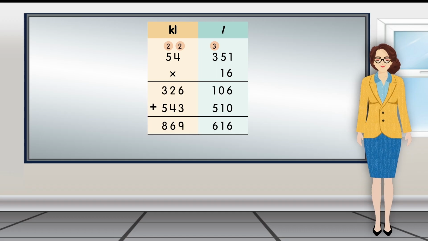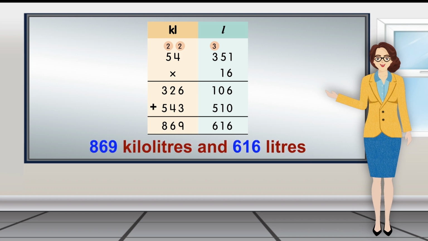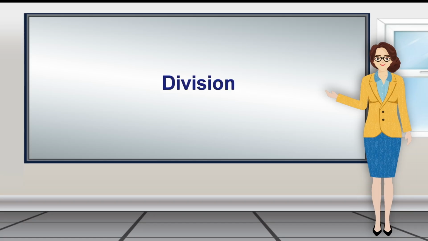So after multiplying 54 kiloliters and 351 liters by 16, the product we will get is 869 kiloliters and 616 liters.